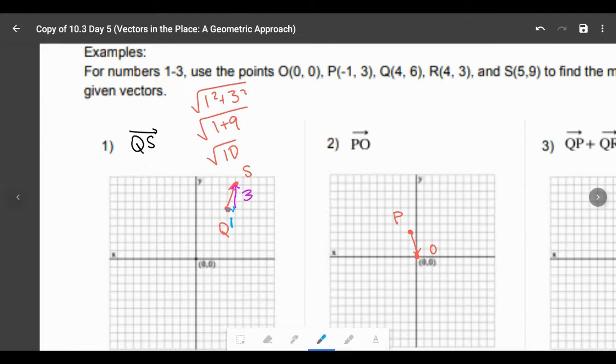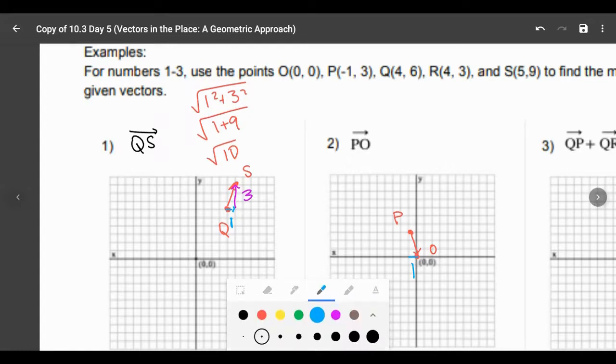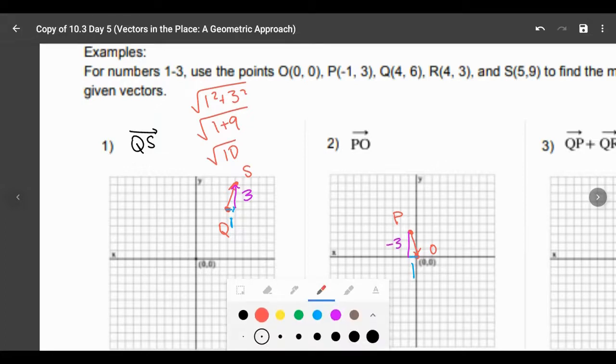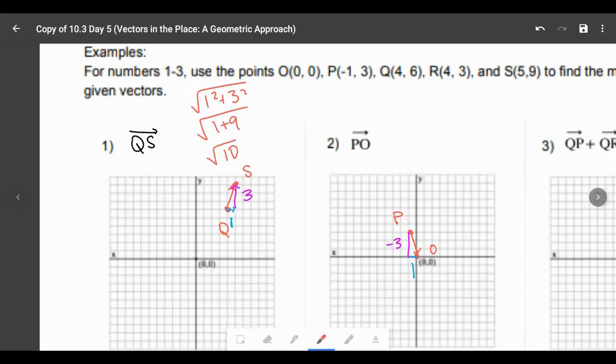For this one, our horizontal component is going to be 1, whereas our vertical component is going to be -3. So when I find the magnitude, we are going to have the square root of 1 squared plus that -3 squared, but it's going to be exactly the same as we got for problem 1, the square root of 10.